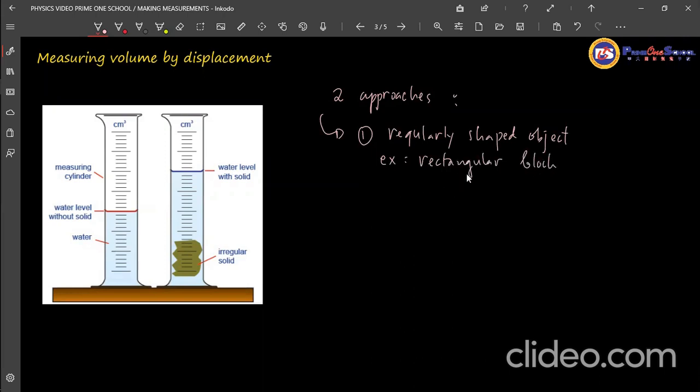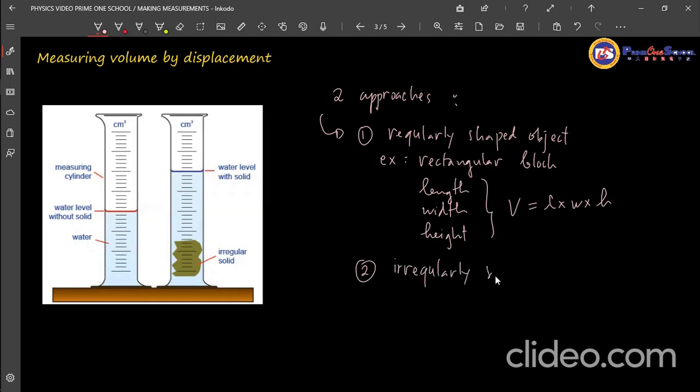You can measure each side of the rectangular block, like length, width, and height, correct? Then you can calculate the volume by using the formula length times width times height. Now, what if I have an irregularly shaped object? I cannot use a formula like this because there is no formula to calculate the volume of irregularly shaped objects.